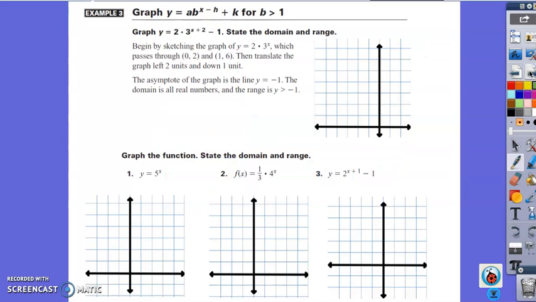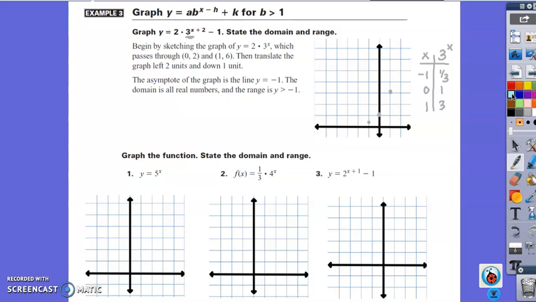Here's a sweet one. Do you see the little 3 to the x in there? So again, I'm going to start with my 3 to the x graph. That should be okay, right? Just getting those points on there. You can see how that's going to grow. And then we just have to think about the transformations that happen here.